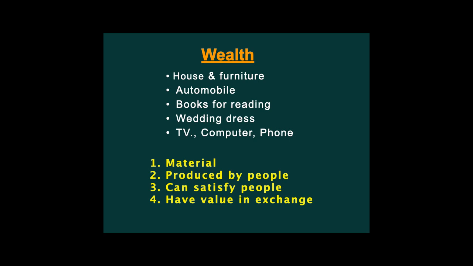Thank you. Are all of them produced by people? Yes. Can they satisfy human desires? Yes. And do they have a value in exchange? Yes. And so what should we call all those things that are material, produced by people, can satisfy human desires and have a value in exchange?